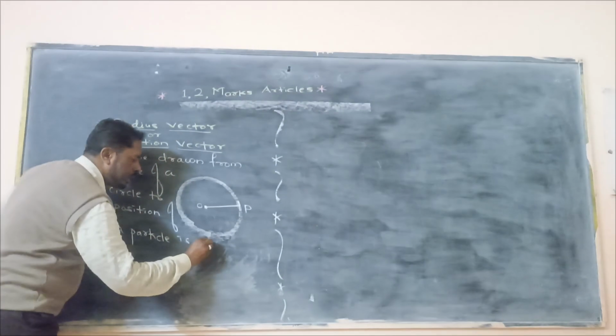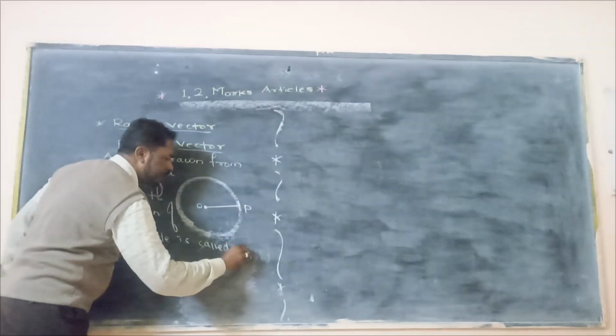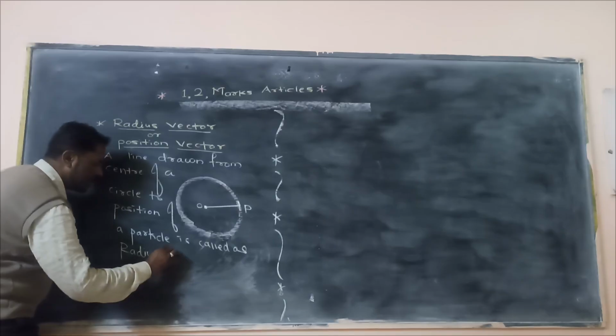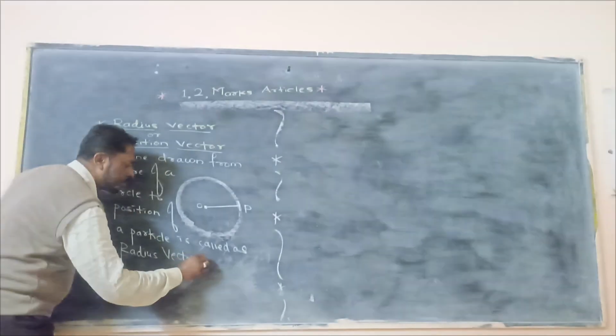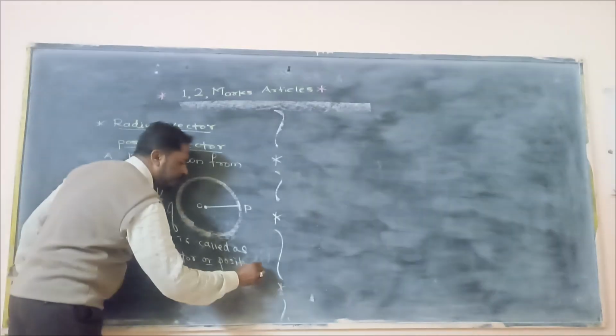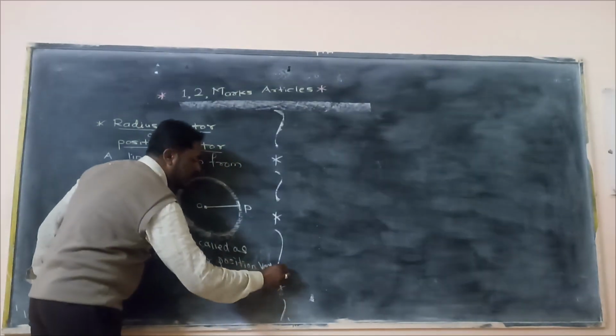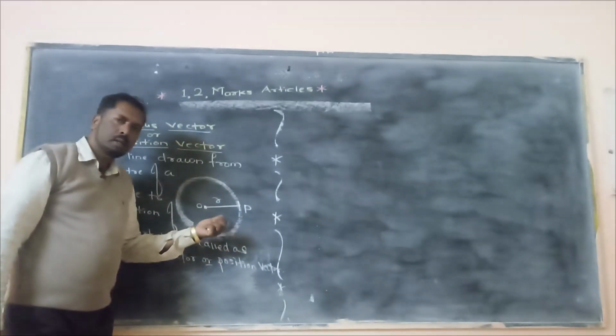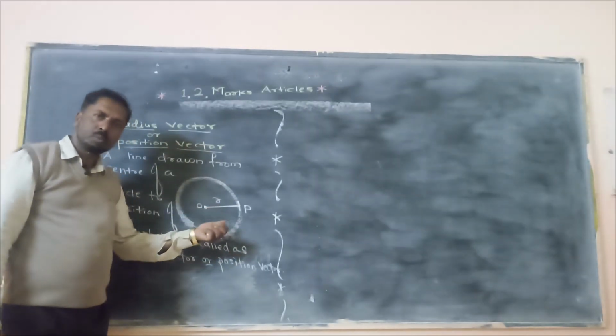This is called the radius vector, or you can also call it the position vector. You can represent it as R. So what is R? R is called the radius vector or position vector.